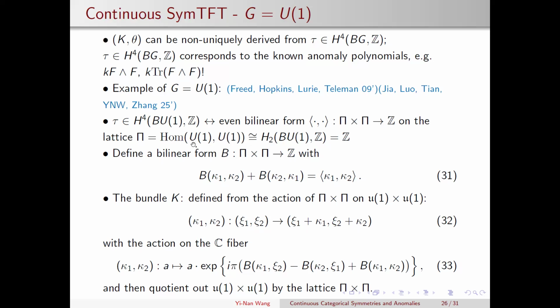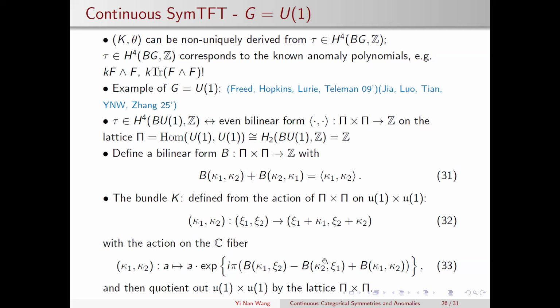Basically, that's just Hom from U(1) to U(1), in this case equal to Z. And then we non-uniquely define a bilinear form B based on this even form, this inner product. And from B, we can define the bundle K by this twisting action.